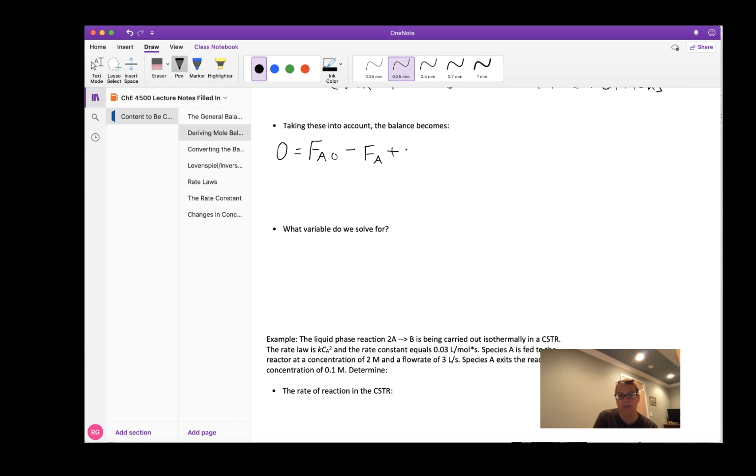And then we have this generation term, net generation of A. But since the CSTR is well mixed, we know that GA is equal to RA times V.